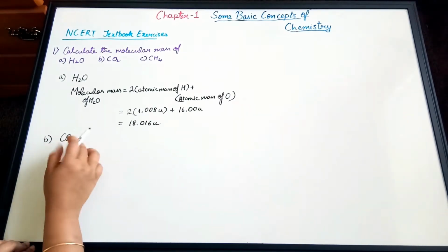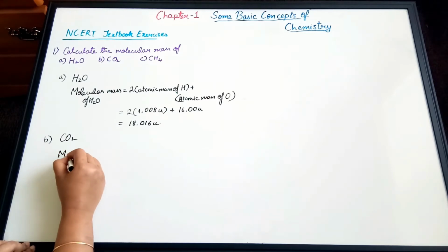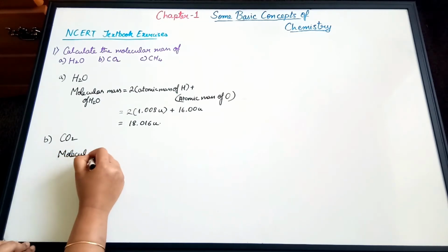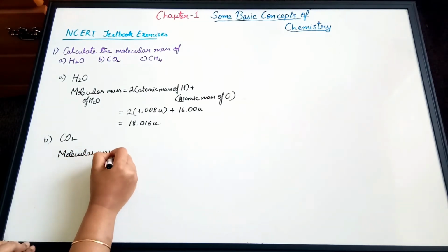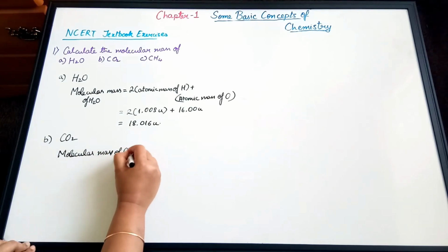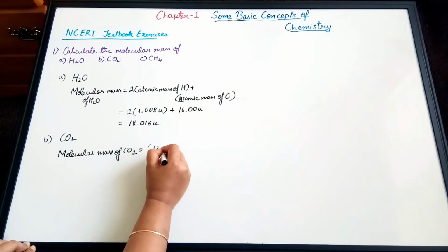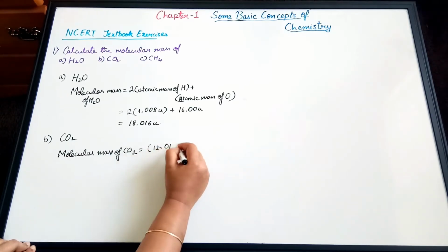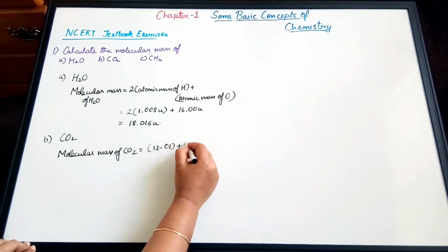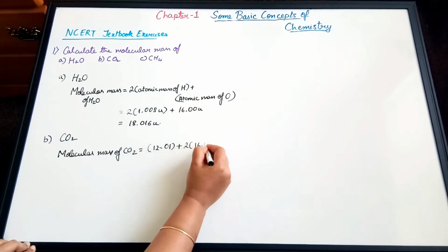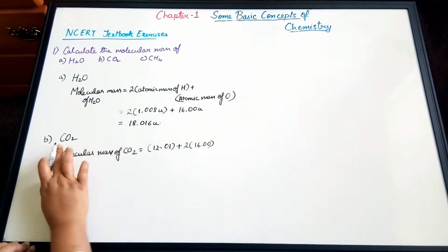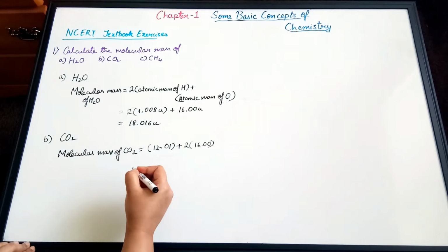The next bit, CO2, that's carbon dioxide. So similarly, you have the molecular mass of carbon dioxide will be equal to the molecular mass of carbon plus 2 into the molecular mass of oxygen, because there are 2 atoms of oxygen.